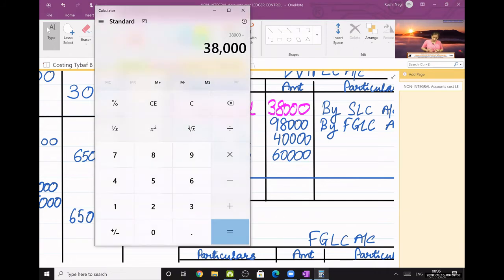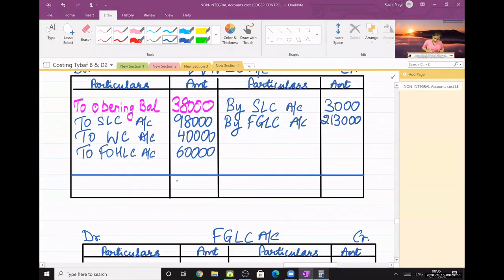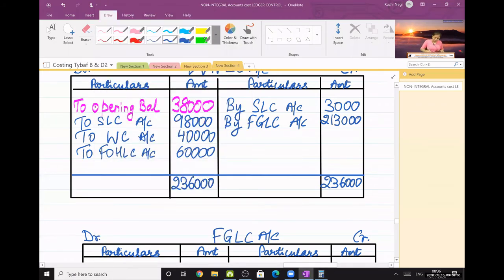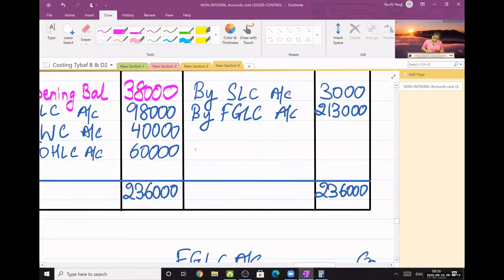Eight thousand plus 98,000 plus 40,000 plus 60,000. 2,36,000. Write in here 2,36,000. The total on both the sides. Okay, minus 2,13,000 and 3,000. So the answer is 20,000. Okay, so write the closing balance 20,000. Yeah, by closing balance.